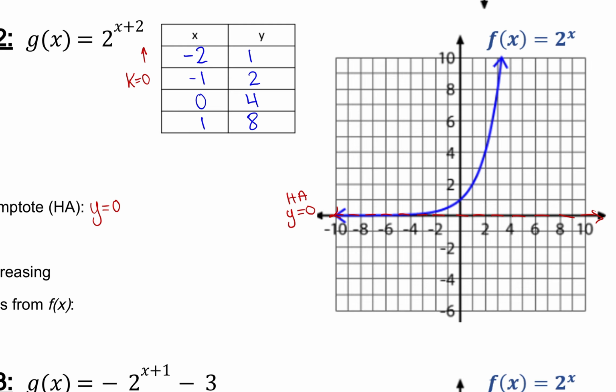From there, I will plot these points on the coordinate grid. I have a point of accuracy at (-2, 1), which is located right there. Another at (-1, 2), right here. Another at (0, 4), right there. That's my y-intercept. And at (1, 8). Okay, from there, I will connect these points, and I should have a graph that looks something like this.